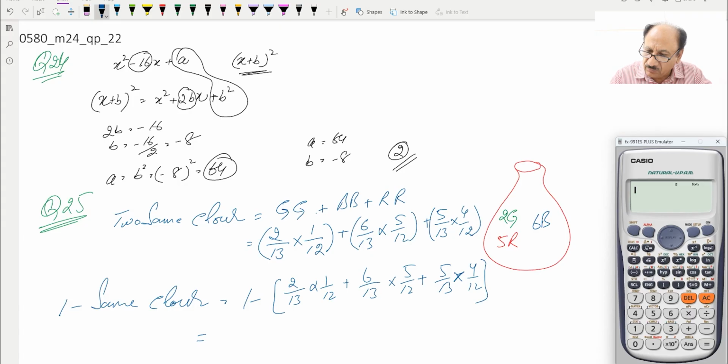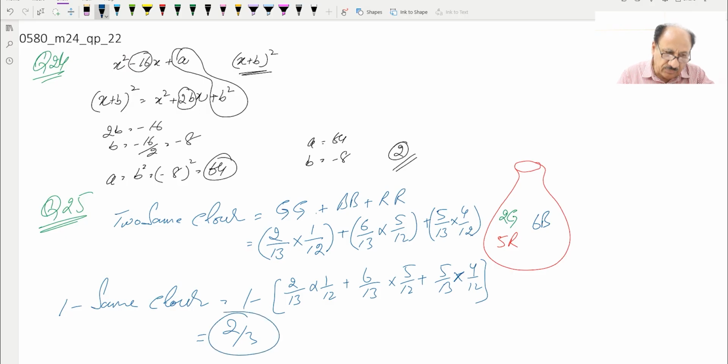So 1 minus, 2 over 13 multiplied by 1 over 12, plus 6 over 13 multiplied by 5 over 12, plus 5 over 13 multiplied by 4 over 12, bracket close, and this will give us 2 by 3, and 2 by 3 will be our final answer, and this is a 4 mark question.